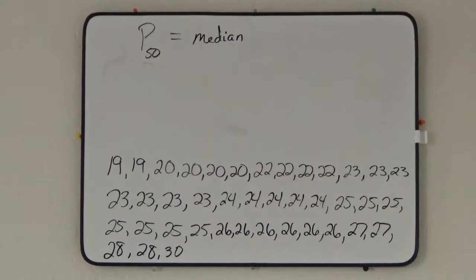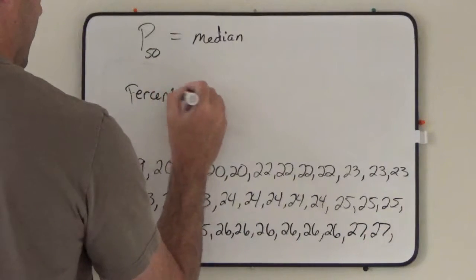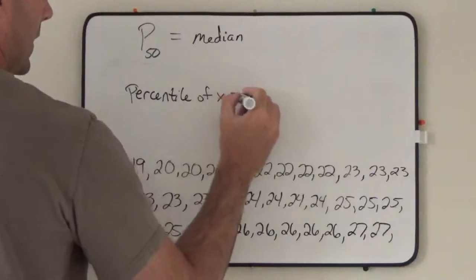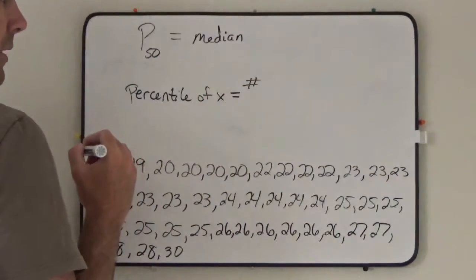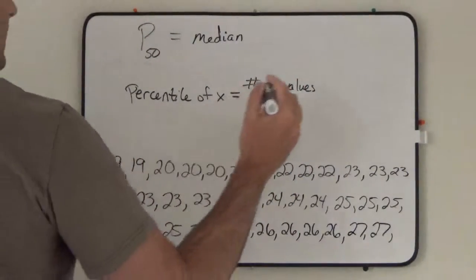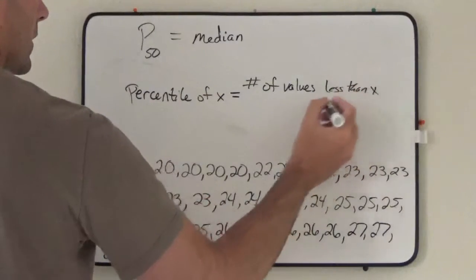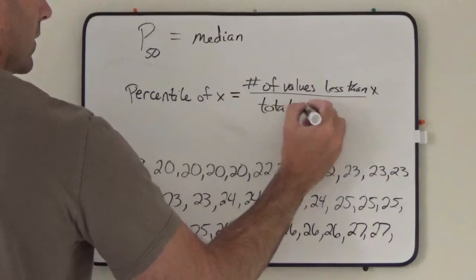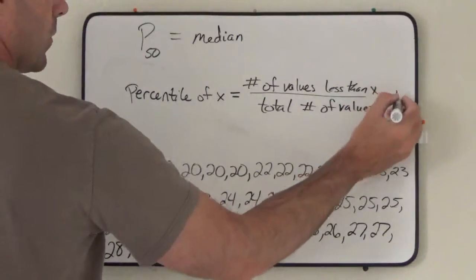Now, here's the formula for finding a percentile. The percentile of x, which is any number within the data, is equal to the number of values (I use pound to represent number of values) less than x, over the total number of values, and I'm going to multiply that answer by 100.